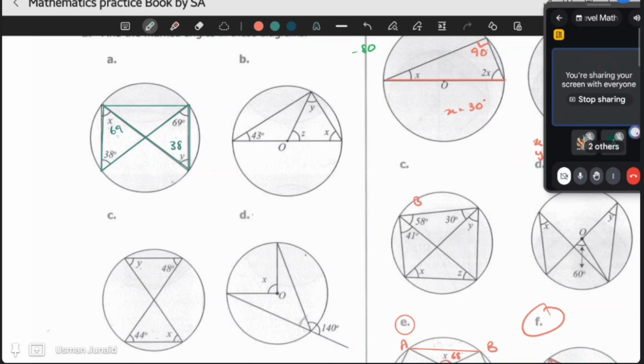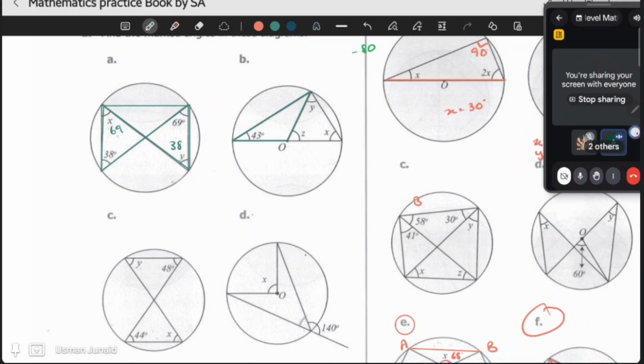How far have you gotten? Sir, I am only able to solve C part. I'm not able to solve B and D. Abdullah, have you done the questions?